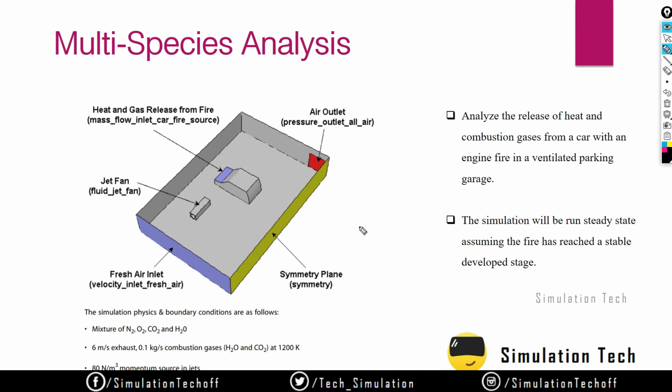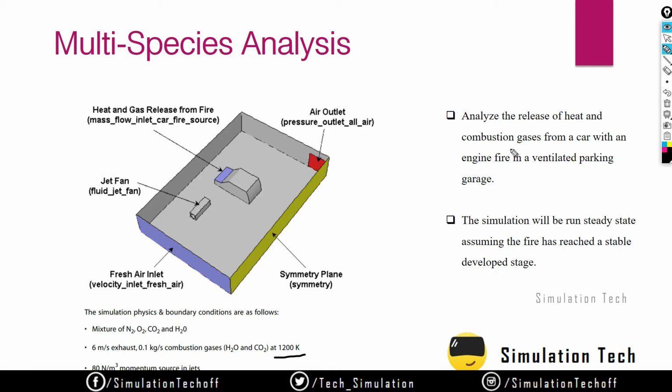As we mentioned, this wall acts as our symmetry plane, this is our inlet, this is our jet fan and this is our heat region. From this wall, the heat energy, around 1200 Kelvin, is released. The H2O and CO2 gases are released from this end. This is our outlet.